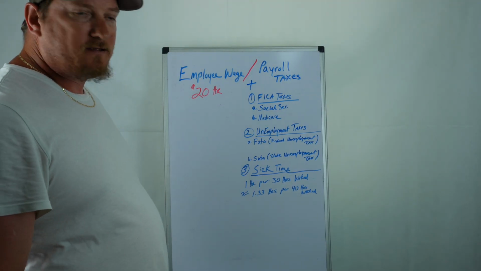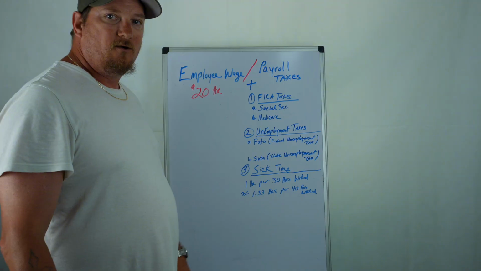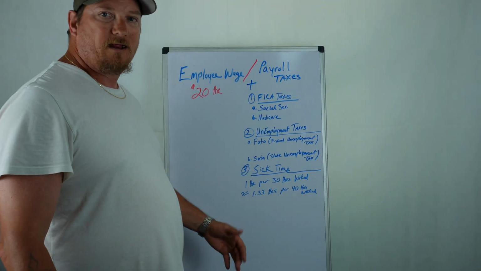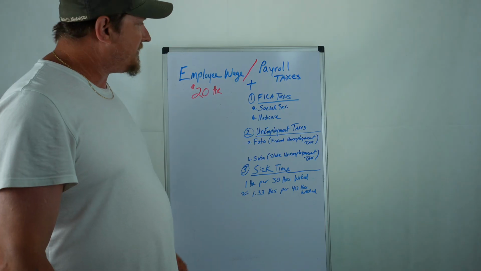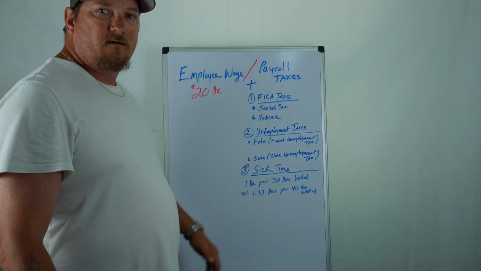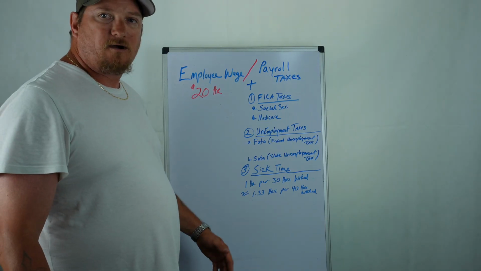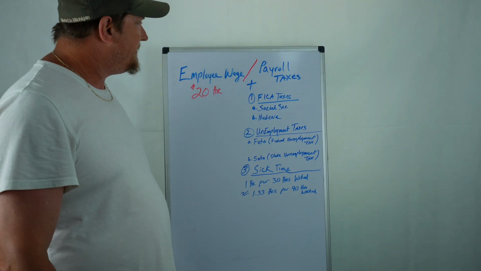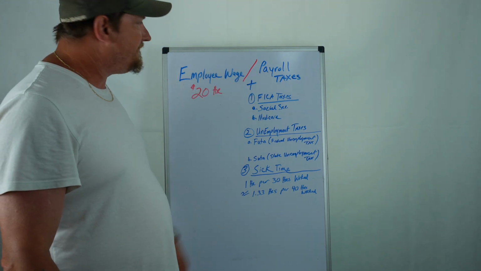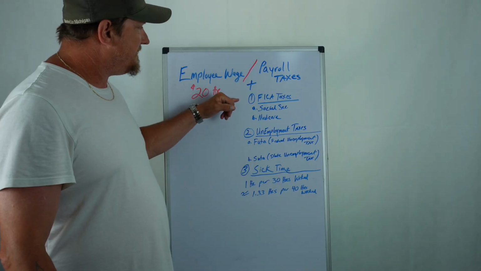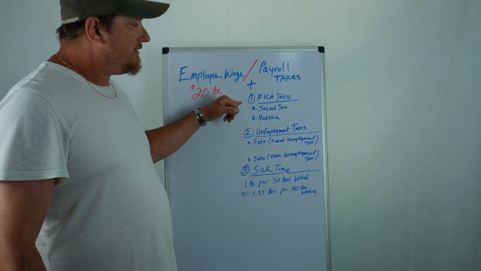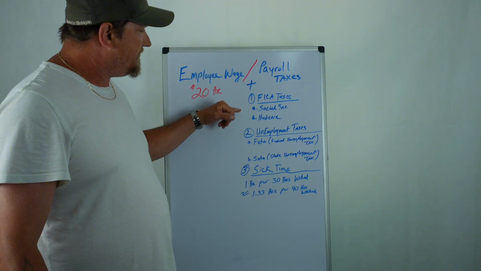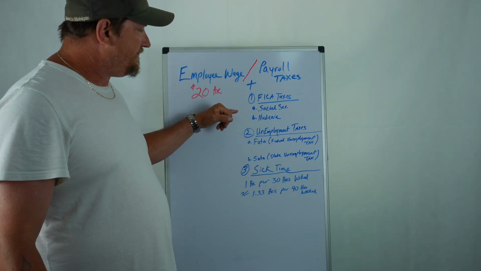Now the hidden costs that some people don't factor in, some clients may even think, oh, you only pay them $20 an hour. But there's an extra cost to a company to have an employee on the payroll, and that's payroll taxes. That consists of, one, FICA tax, which includes Social Security and Medicare tax.